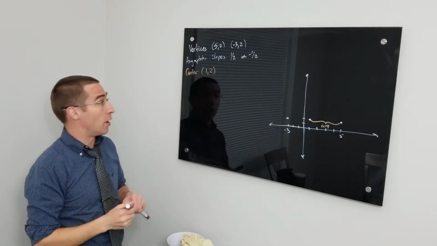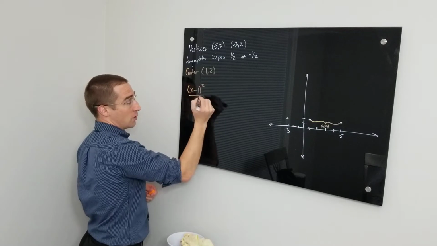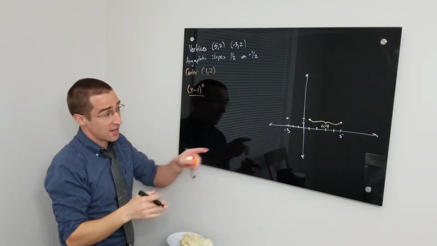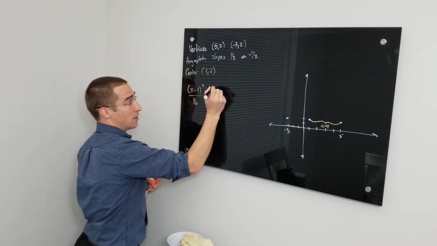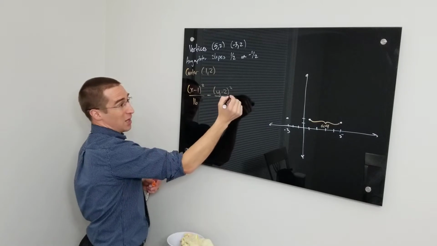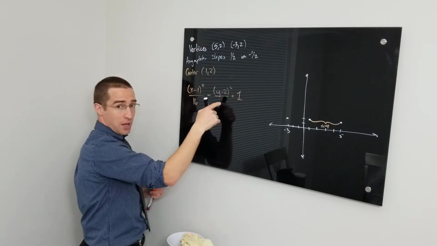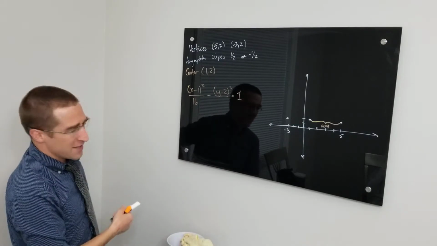We're subtracting the y part. So here we have x minus 1 squared over a squared. We know what a is. a is 4, so a squared is going to be 16. And then minus y minus 2 squared over b squared. We don't know what b is yet, so we're going to leave that blank. We're going to come back and find out what that is later.